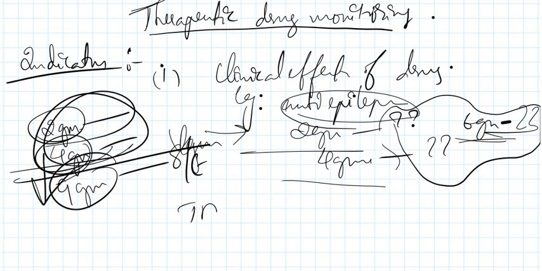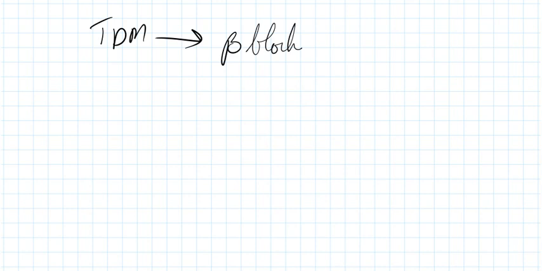So that is the thing. TDM is indicated mainly where the clinical effect of a drug can't be easily quantified. Example, anti-epileptics. If it can be quantified, then TDM need not be done. For example, take beta blockers.